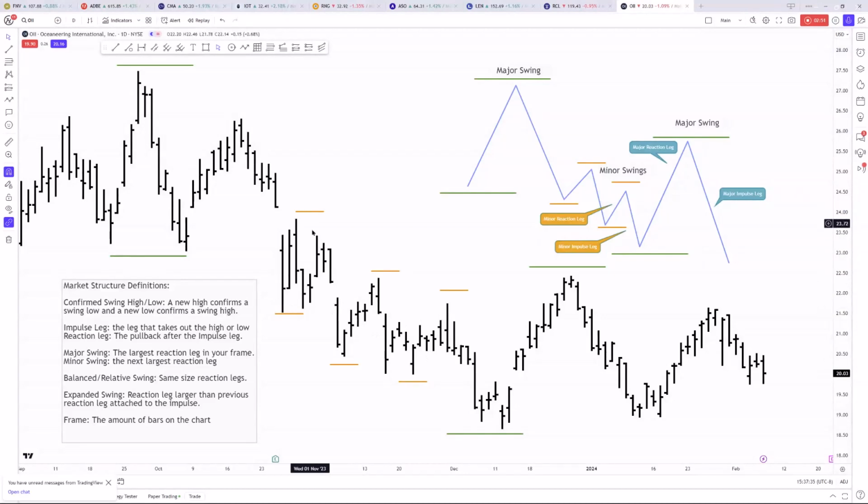Reaction, impulse, reaction, impulse, reaction, impulse. Reaction, impulse, reaction. So this would be the major. See, green and green, green and green, orange and orange, orange and orange. So that's structuring the market. So we can now see it in waves.